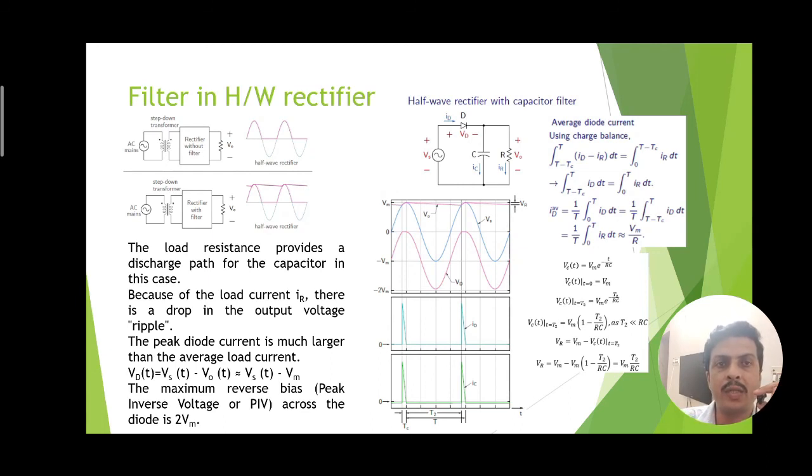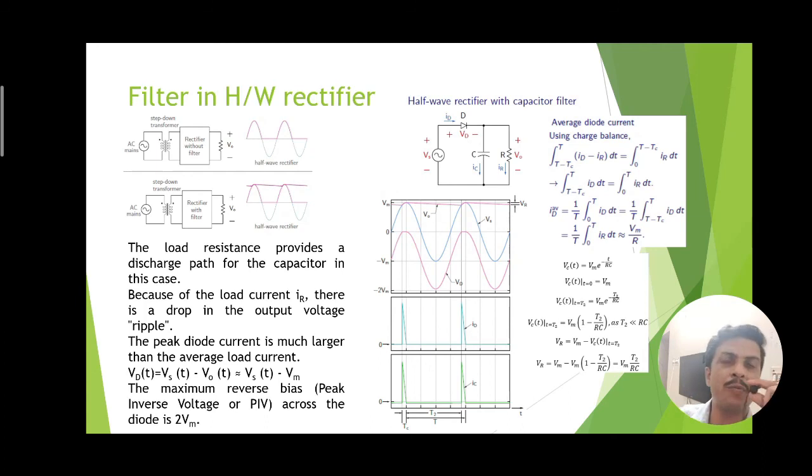With the capacitor present and one diode forward biased, the voltage across the secondary terminal is Vm, and the load voltage is also Vm. So Vm plus Vm produces two times Vm, and that is why when the diode is reverse biased, the reverse bias voltage is two times the peak voltage.